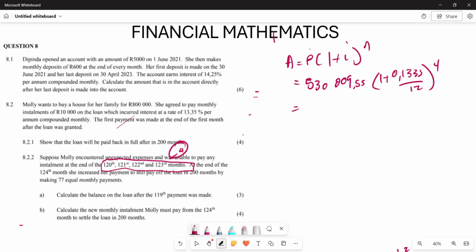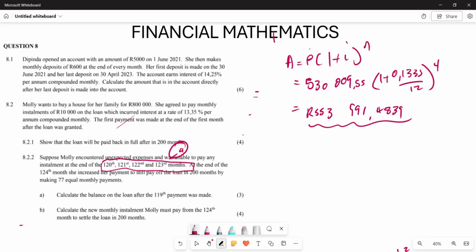How much is this money going to earn in interest while she is still facing financial difficulties? This is going to be 553,991.4839. So that's basically this particular amount of money.